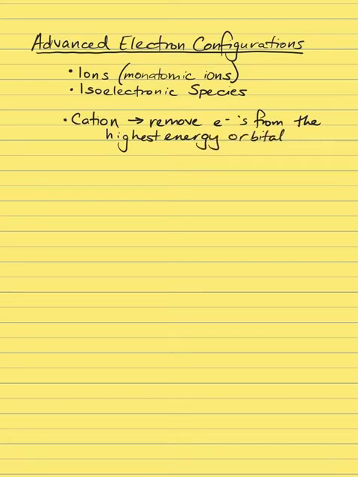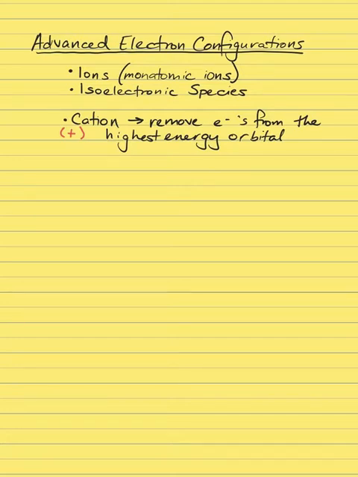Recall cations are positively charged ions. In order to be positively charged, you need to have lost electrons. So when the atom loses electrons, it's going to lose them from the outermost energy orbital.